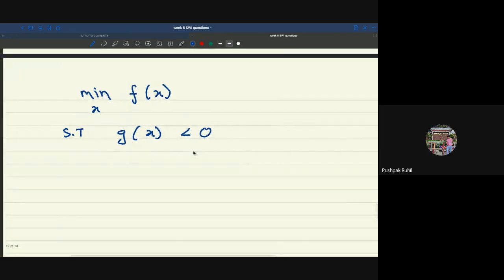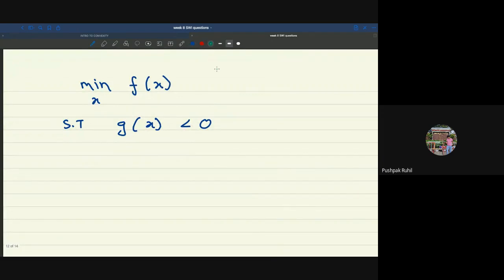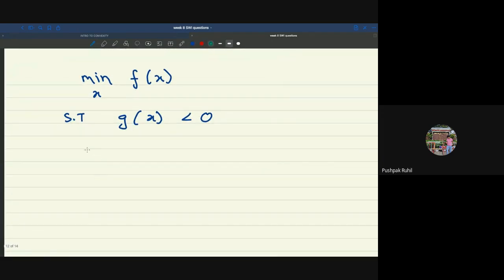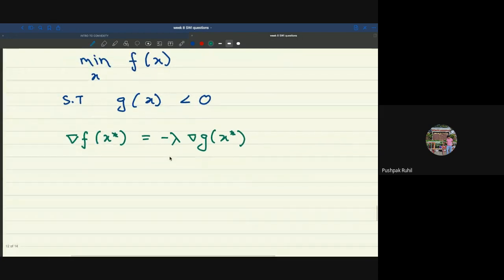So in that case, the equation with the Lagrange multiplier would be the gradient of f equal to minus lambda times the gradient of g at x star. So this is what we would have. In this case, lambda would be a positive scalar.